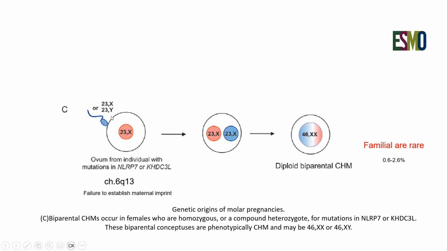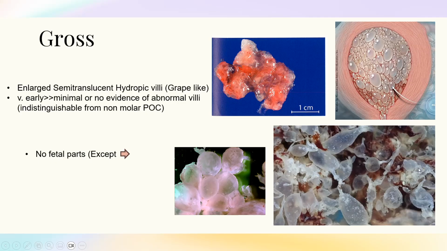The last form is a single sperm that fertilizes a single ovum that has one of those two genetic mutations that result in a failure to establish the maternal imprint and actually resulted in 46XX, but this is not a human being, that's a diploid biparental complete hydatidiform mole, and this is actually extremely rare and familial at the same time. So how are we going to see this on a gross picture?